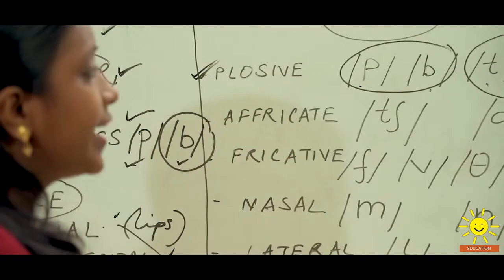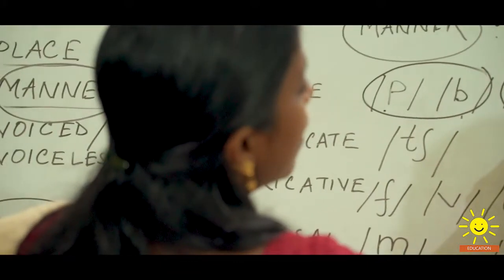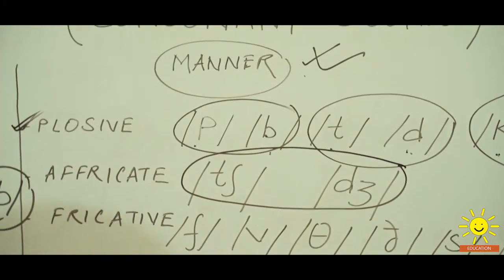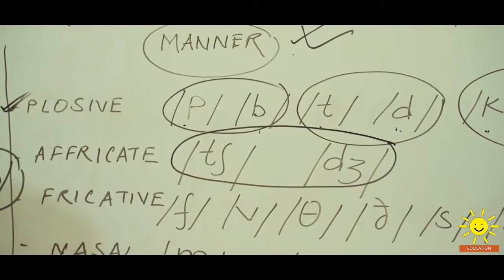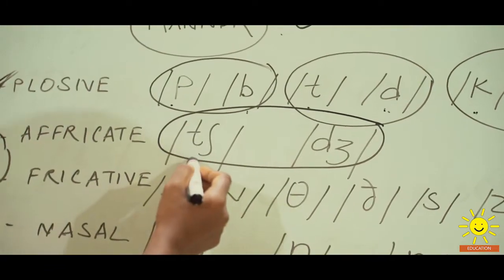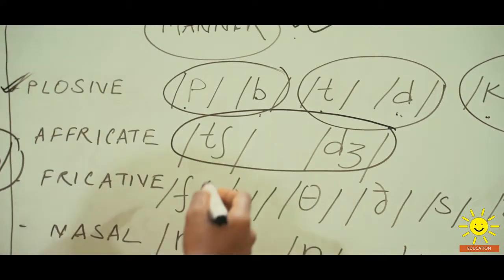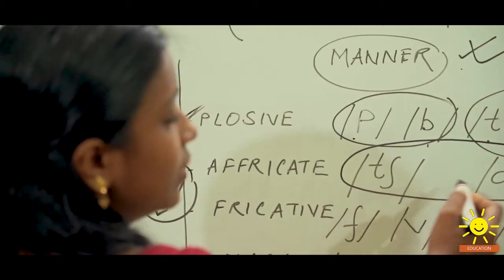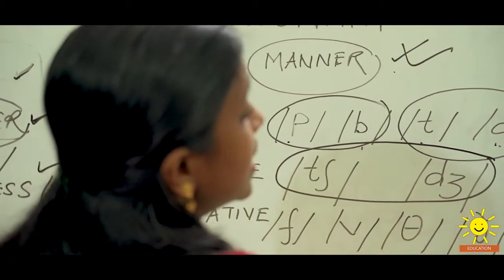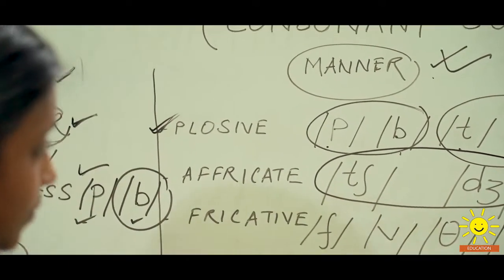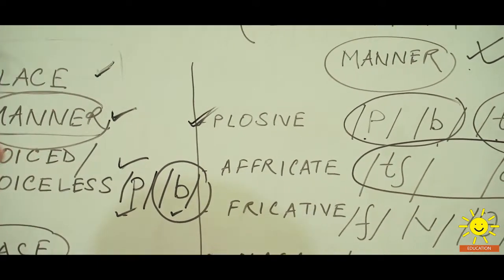As far as affricate sounds are concerned, students, there are only 2 affricate sounds, ch and j. I repeat, ch as in church, chalk, chocolate, chamber, j as in judge, jug, jungle, jump.